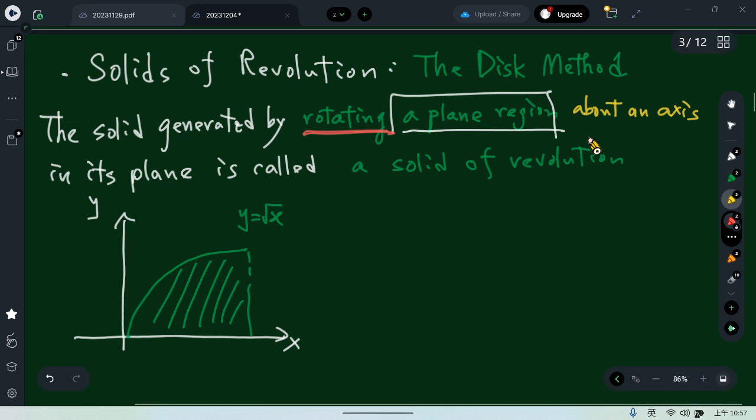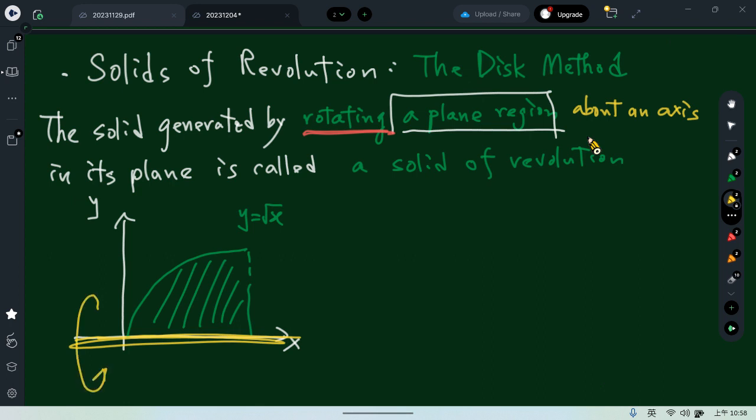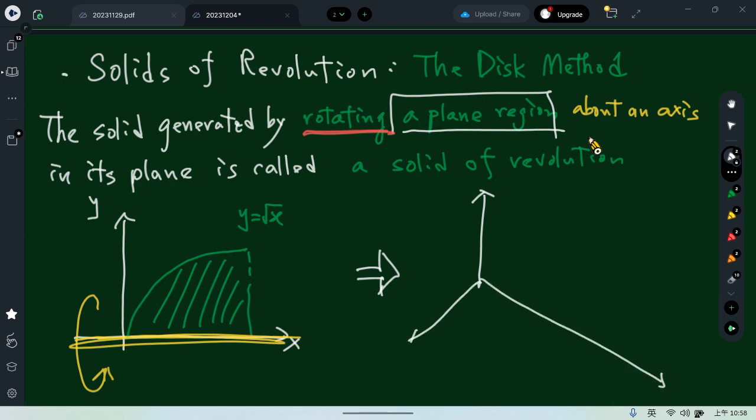So if the rotating axis is x, then I rotate it. Then you can see we can get the volume will look like this, this is x, this is y, this is z. And you can see the shape will be.